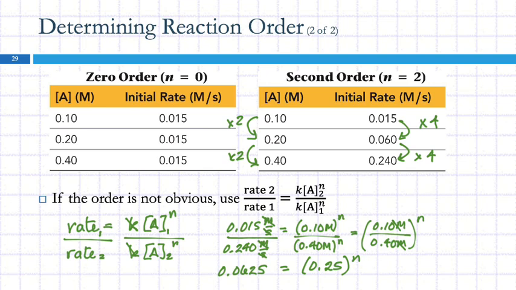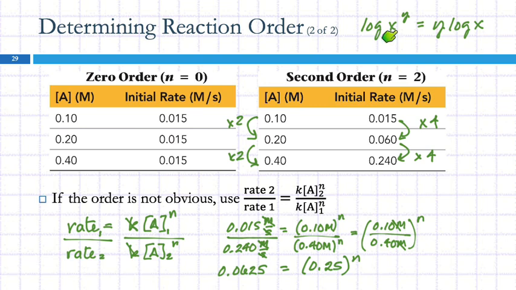So sometimes the numbers are such that you can look at this and see what it is. But personally, I don't know what the square or the something else of 0.25 is. So we can use logarithms. If I take the logarithm of both sides, actually, let me do this up here. So the log of x to the y is equal to y times the log of x.